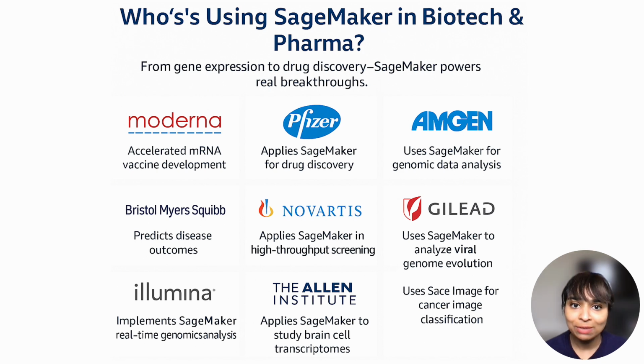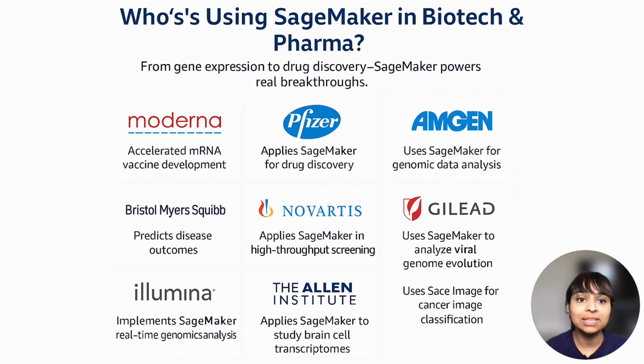So by now you have seen what SageMaker is, the machine learning pipeline in SageMaker, how it works behind the scenes, and how it's evolved into a smarter, more integrated platform with SageMaker AI, and how it simplifies machine learning for researchers like us. But it's not just academic or individual labs using SageMaker.